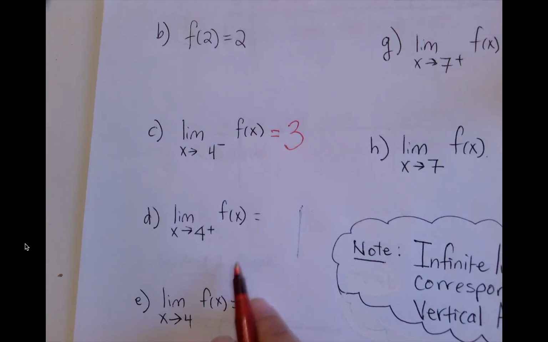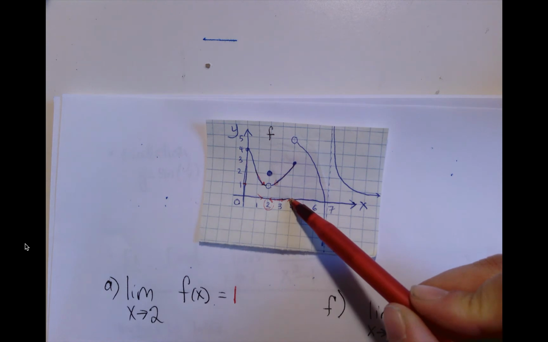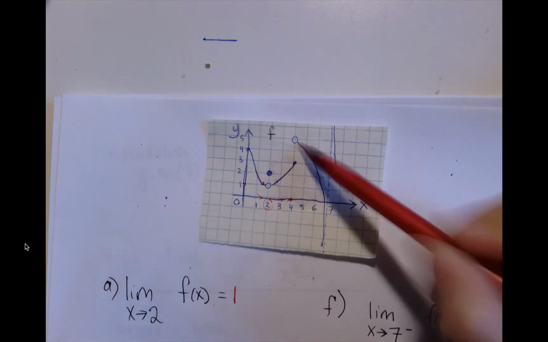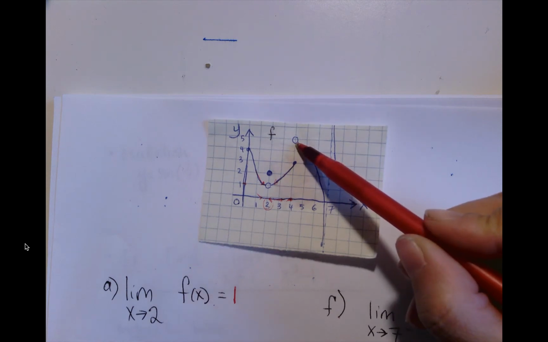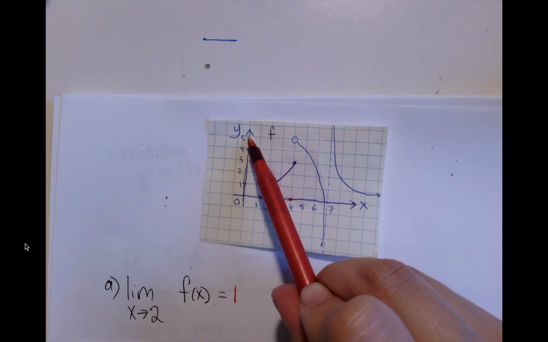Now I'm going to look on the other side, the limit as x approaches 4 from the right. Going back to my graph, if I approach 4 from the right, the graph over that interval is over here, and the y values seem to be approaching 5. Okay, so let's fill that in.